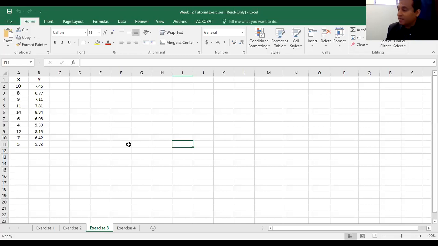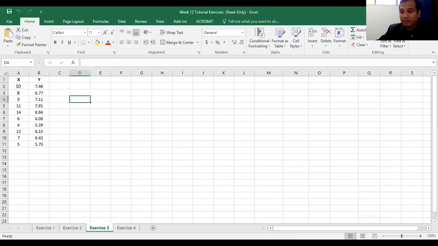You could see X is on the horizontal axis, whereas Y is on the vertical axis in the scatter plot. So in this particular exercise, Y is treated as the dependent variable and X as the independent variable. Try to analyze this using the scatter plot.